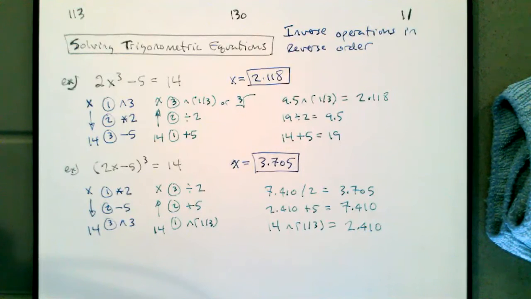Now, what made these two problems very straightforward is that each of these operations were invertible operations. The inverse of subtracting 5 is adding 5. The inverse of multiplying by 2 is dividing by 2. The inverse of a third power is a 1/3 power, or a cube root.